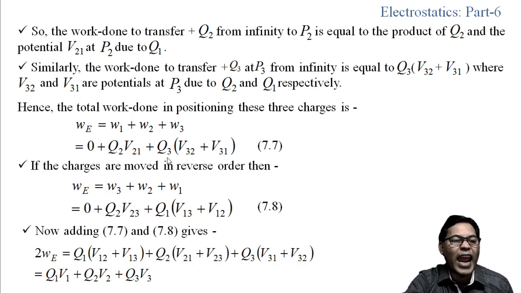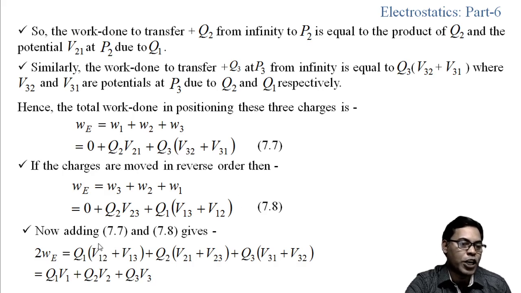Now we are adding this equation 7.7 and 7.8. By adding and simplifying, we will get twice of WE equals Q1 into V12 plus V13, plus Q2 into V21 plus V23, plus Q3 into V31 plus V32.